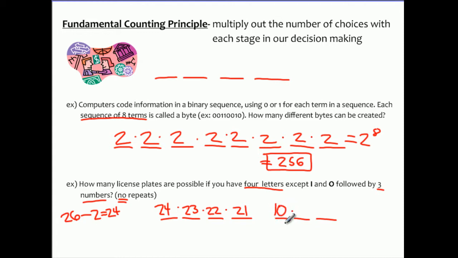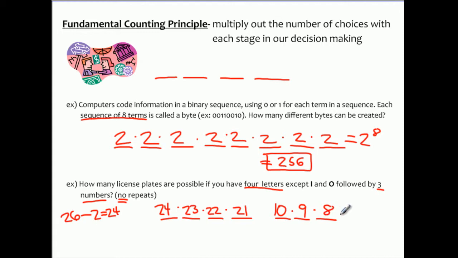For the first spot, say we chose an 8. For the next position, I could not have an 8 here, so there are only 9 choices left. Because we can't have a repeat, we can't have something like 8, 8. That would be not allowed. And then for the last position, we've chosen 2 digits already, so 2 out of 10 have already been picked.